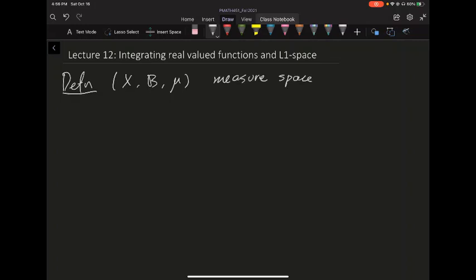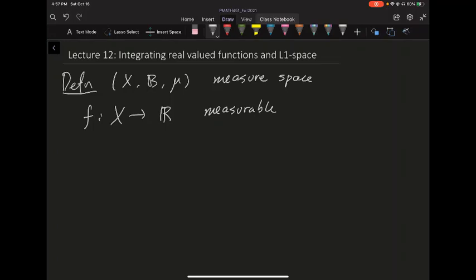And now I want to talk about the integration of a real-valued function, okay? So let's say f from X to the reals. Here f may now be non-negative, it can take negative values. Of course it needs to be measurable, otherwise I can't really say anything about that.